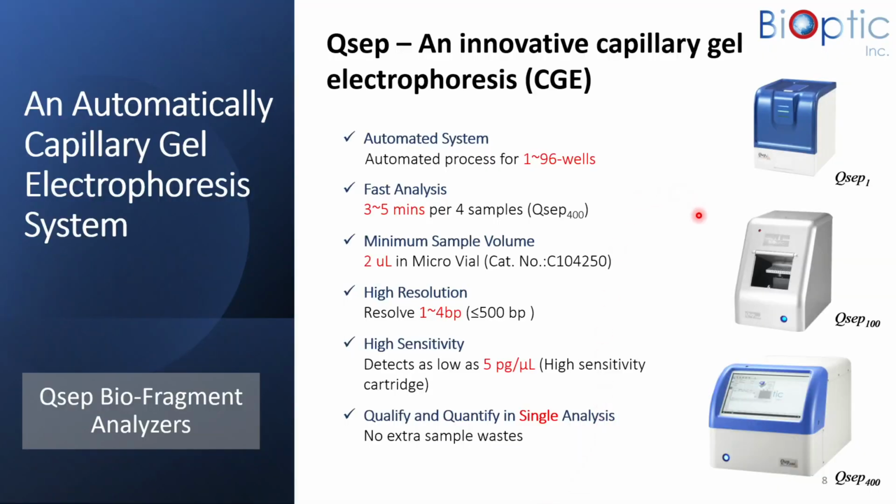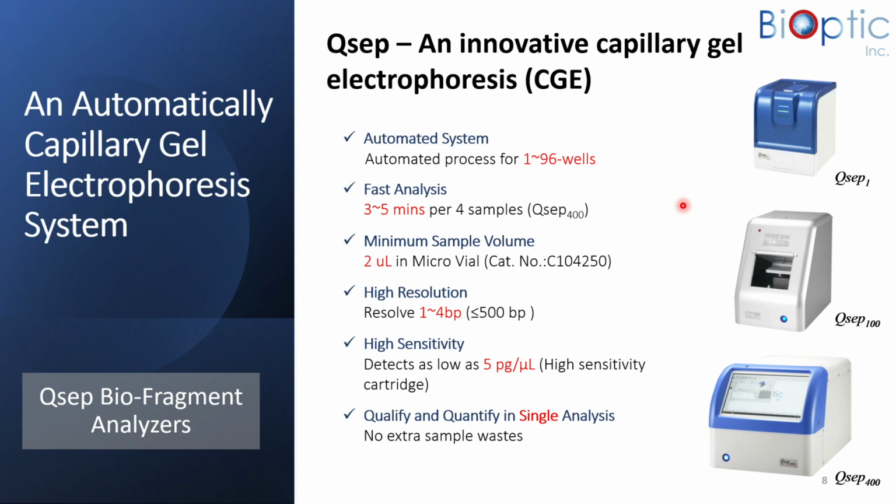BiOptic wants to keep the advantage and improve the efficiency and quality of existing electrophoresis system for biofragment analysis. So we provide the users an innovative capillary gel electrophoresis, the QSAP biofragment analyzer.